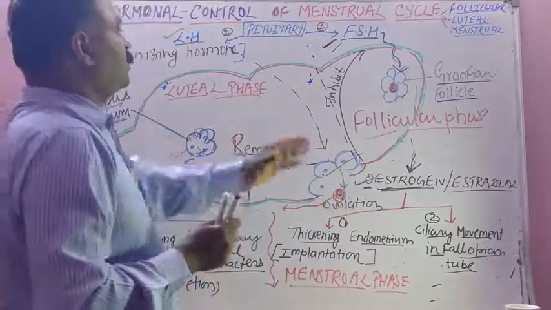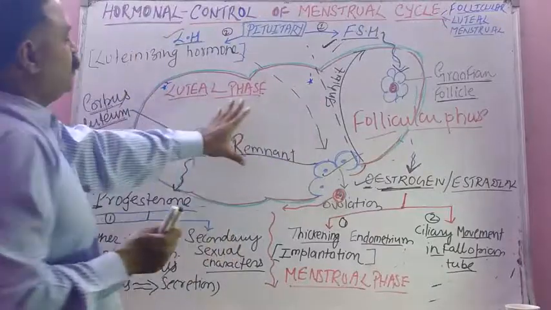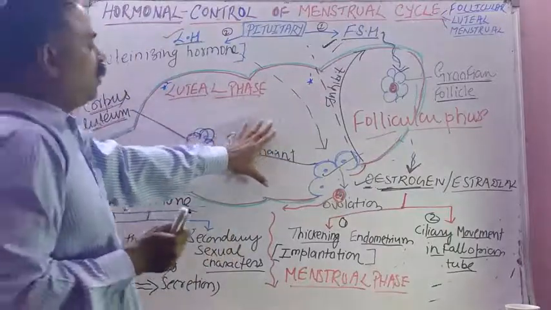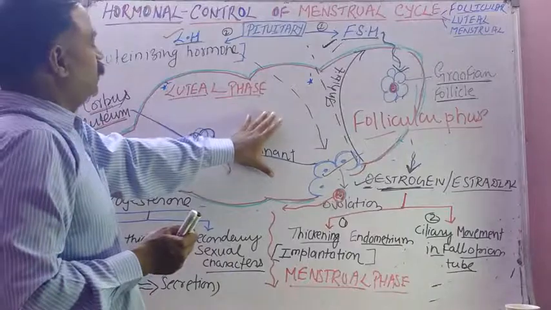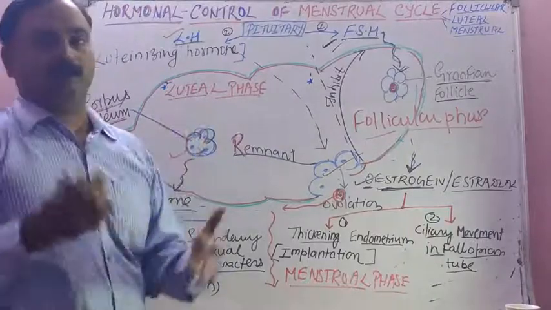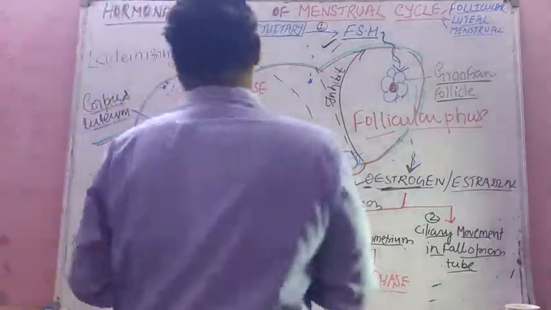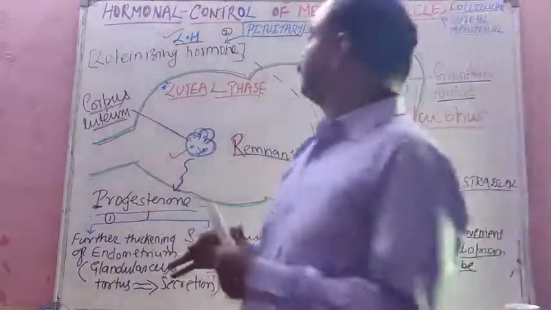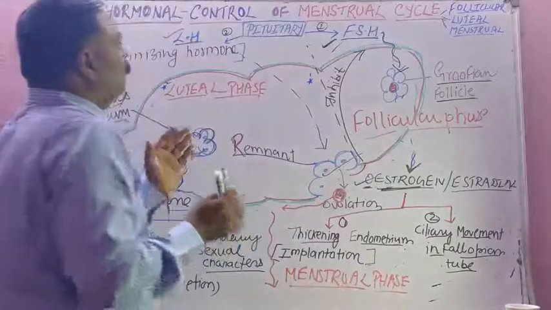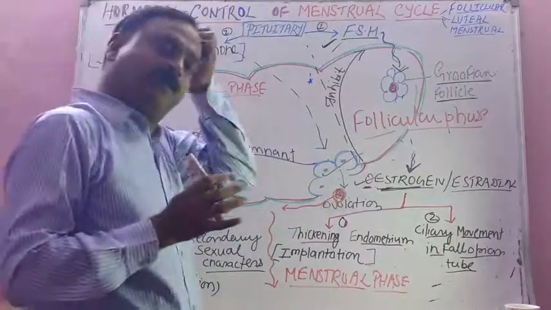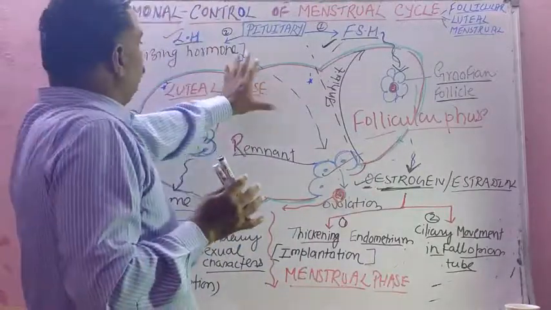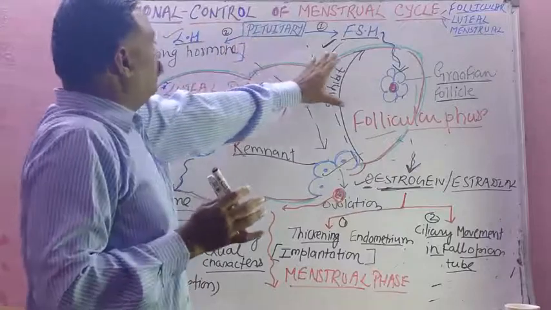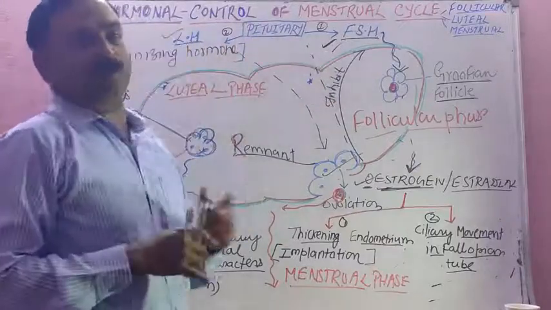Okay, students. So these are in this. As I told you, this is the backbone topic of your chapter. So let us recap once within 3 minutes. Question is hormonal control of menstrual cycle. Here, when we say hormonal, there are two hormones, follicle stimulating hormone and luteinizing hormone.